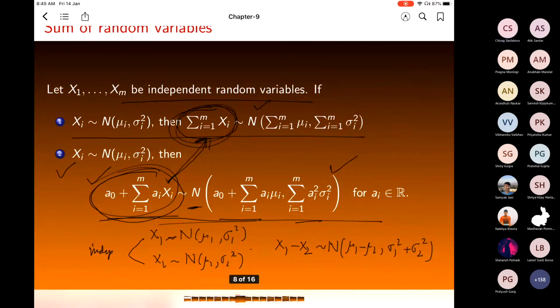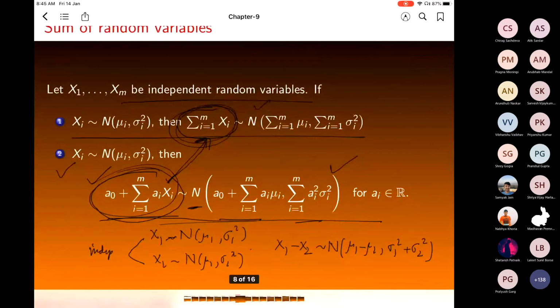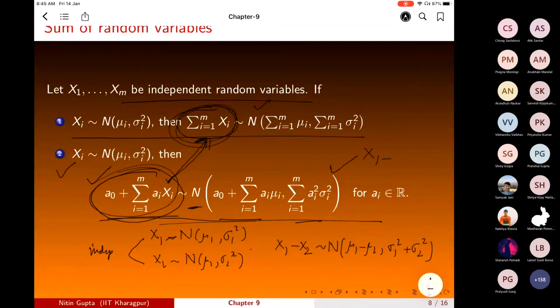Once you have taken them to be distributed the same, then you can write 3x, no? Otherwise that will not be. Then they are not independent, no? Once you are saying that they are distributed the same, then how are they independent among themselves?